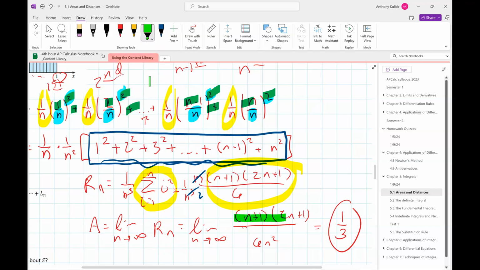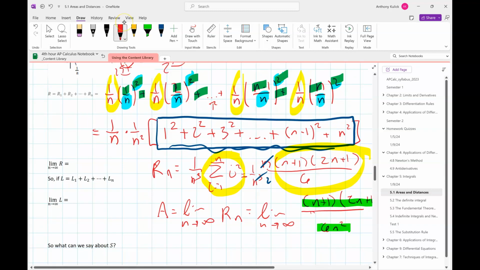This is a polynomial. Its leading term is 2n squared. The bottom is a polynomial. Its leading term is 6n squared. Since the degrees are equal, the limit is going to be leading coefficient over leading coefficient, 2 over 6 or 1/3.